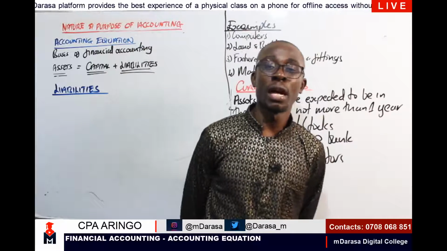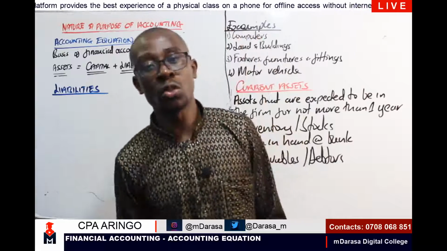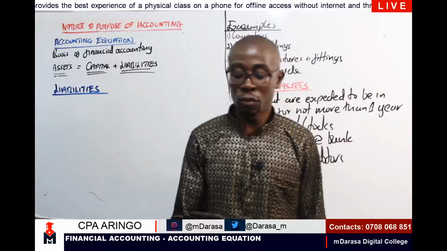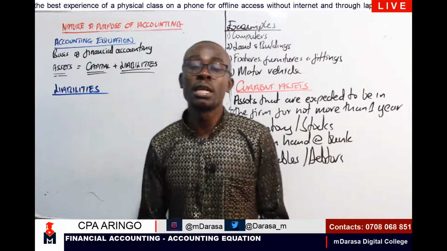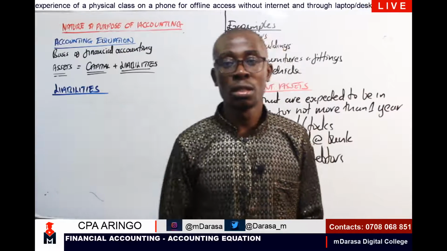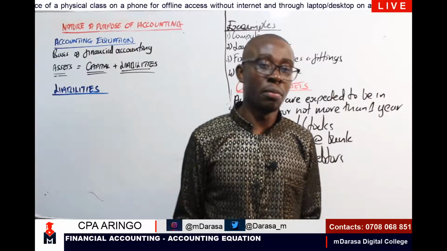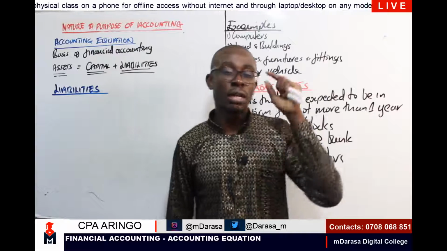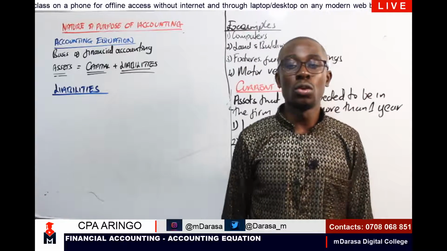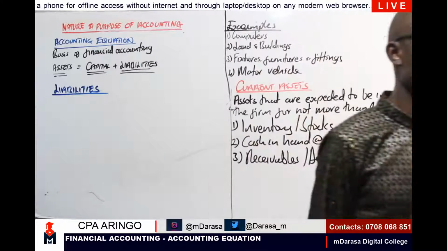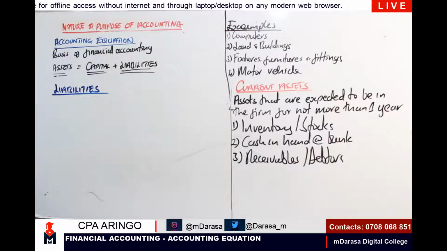Compare with assets, where you say that these are resources that you can control. But for liabilities, we find that these are simply obligations that we are owing other people. So this is what you are terming as liabilities.